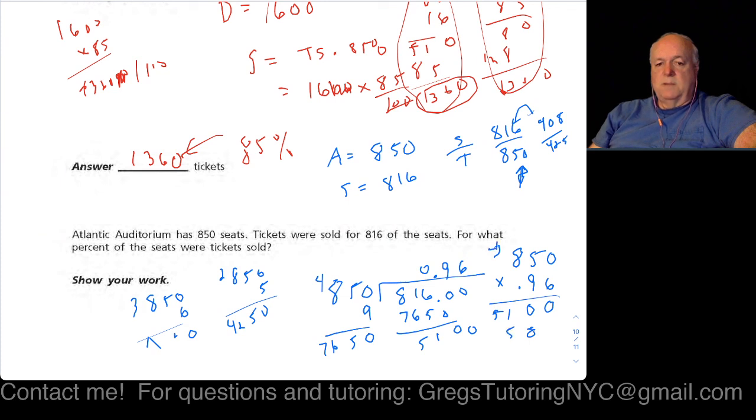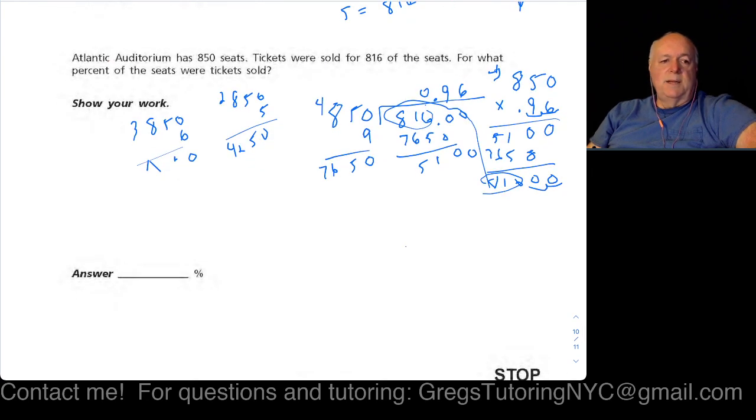We add them up. We got 0, 0, 6, 1, right? 816. We move 2 decimals here, we move 2 decimals there, and we get the 816 back that we originally started from. Alrighty, yeah, booyah. All right, so hopefully you guys are enjoying this.